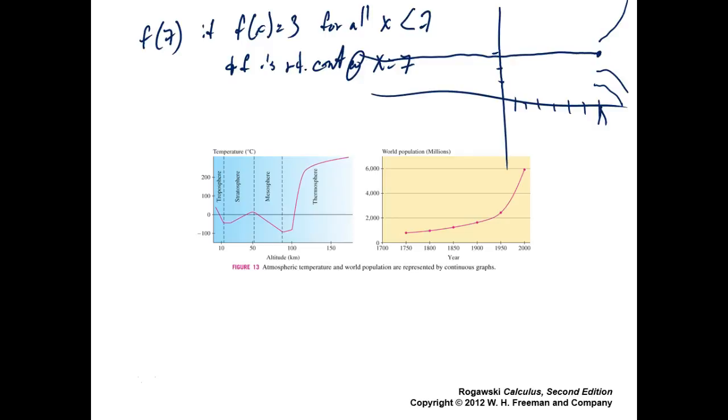With right continuous, they could be here, here, or anywhere way down here, just approaching something. Unless it happened to be coming in there, we don't know the value. But if it's left continuous, that means that's what it is at x equals 7. So the second part is yes. So it's a no, yes.